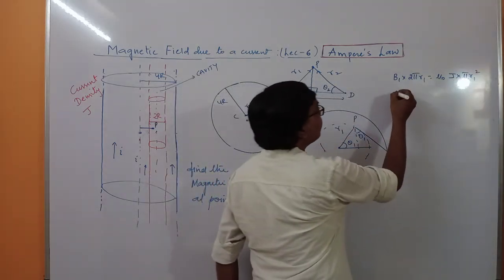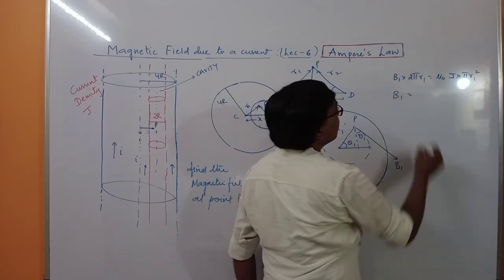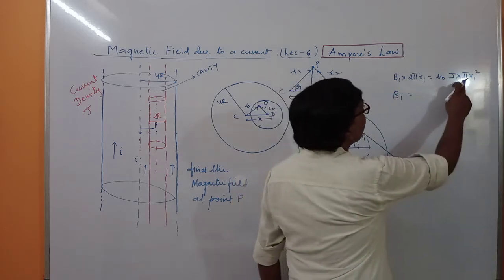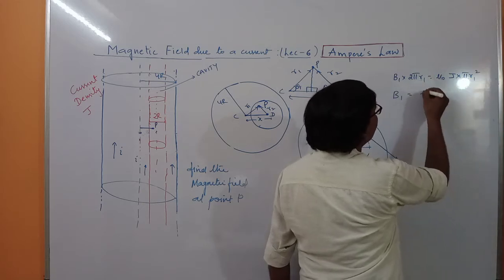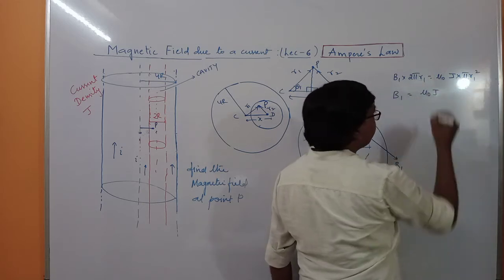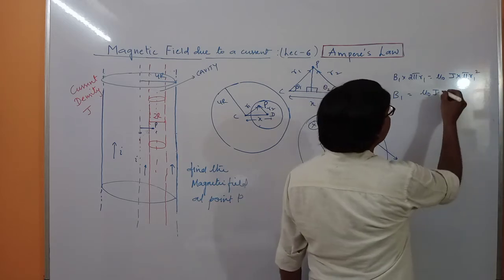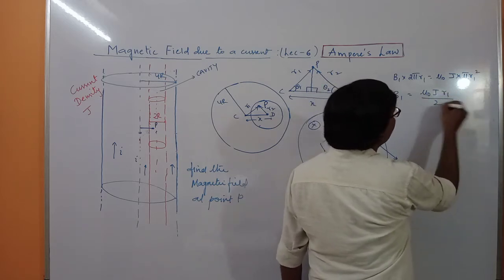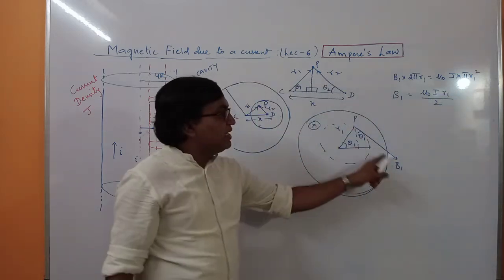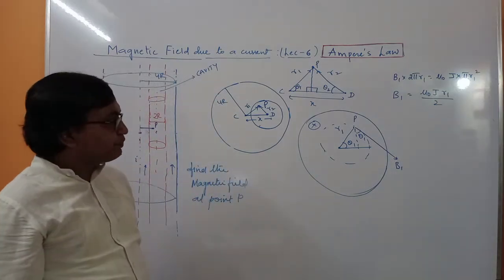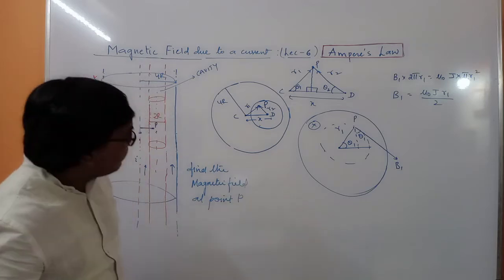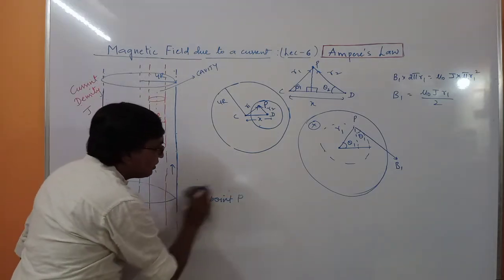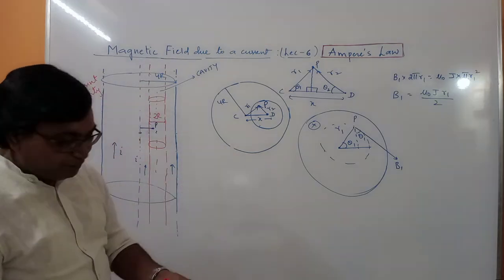Here we have pi, here we have pi, and R1 and R1 cancel, so we get B1 equals mu naught J R1 divided by 2, along this direction. Fine.